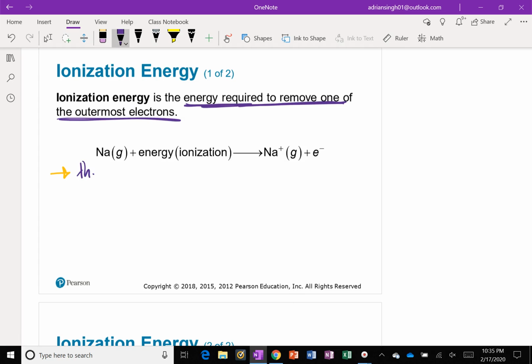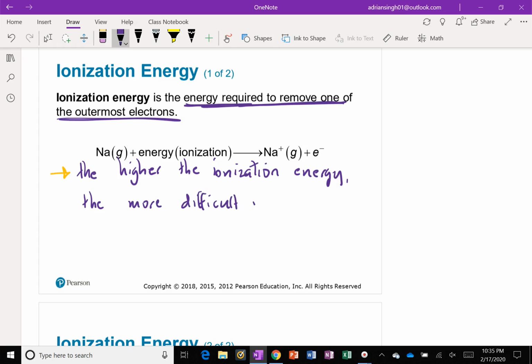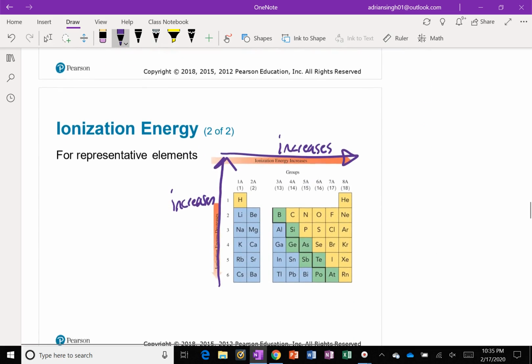So in other words, the higher the ionization energy, the more difficult it is to remove that electron. Right, so the trend here is opposite to that of the atomic size.